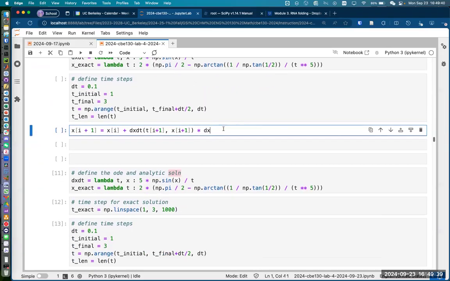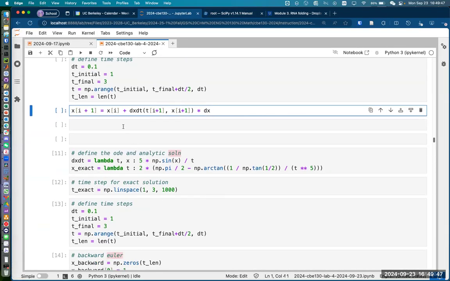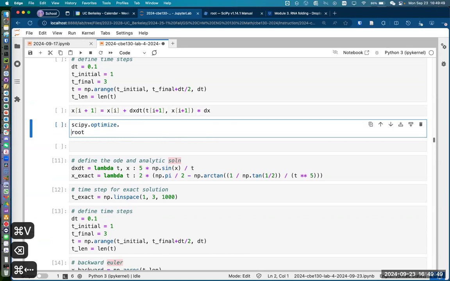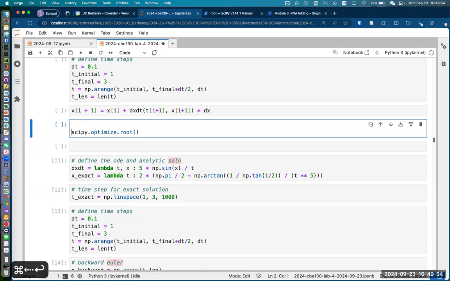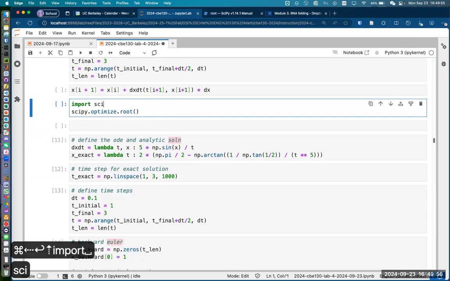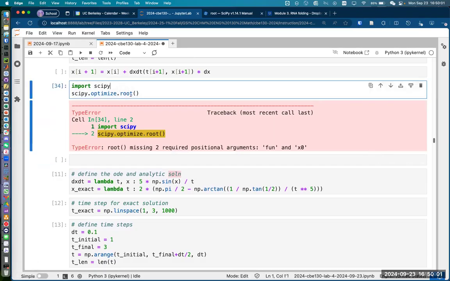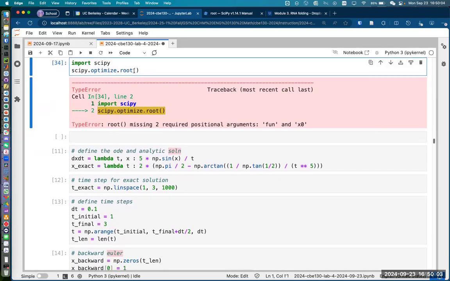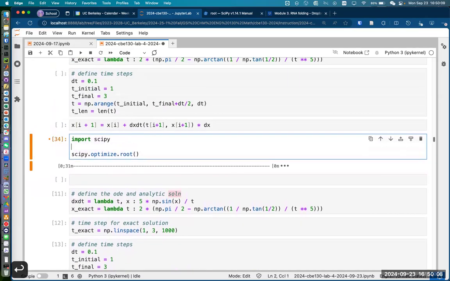To solve it, we need to use a root finding algorithm, scipy.optimize. We can copy this, and also import scipy. For the root finding algorithm, we need to define the equation. So the equation g, a lambda of z, what should it be?